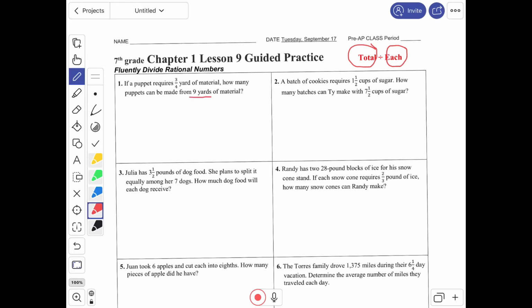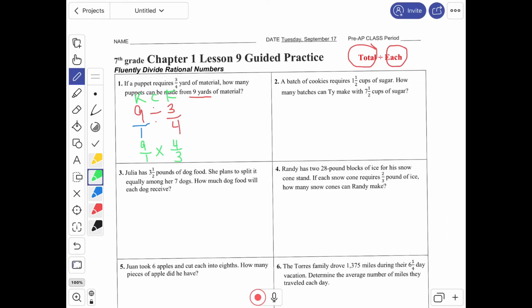So what's the total there? 9 is the total. 9 is the thing that's being divided up. So it's 9 divided by 3/4. And then you put a 1 under there.